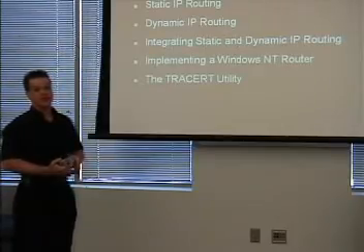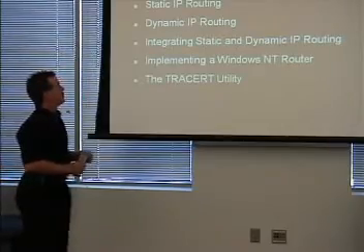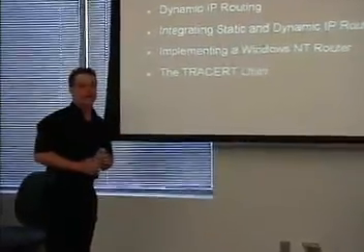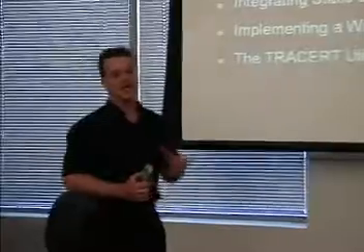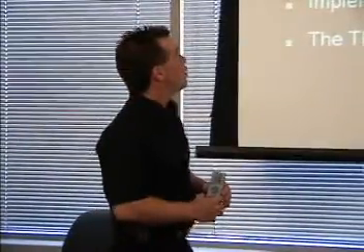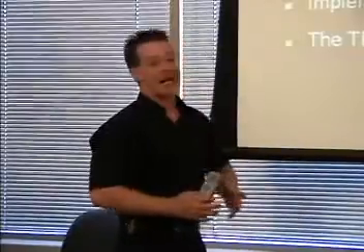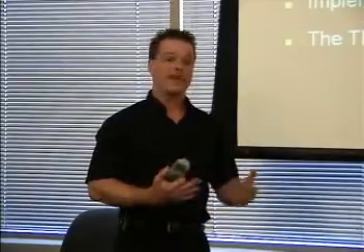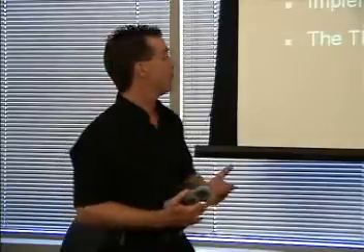In review, in this chapter, we've taken a look at IP routing. We've discussed what is IP routing, which is the process of sending TCP/IP packets through a router to a remote domain. We've also discussed static versus dynamic IP routing. With static IP routing, we have a lot of administrative overhead. All the information must be inserted manually into the router or multi-homed computer.